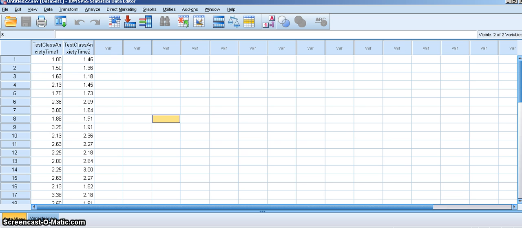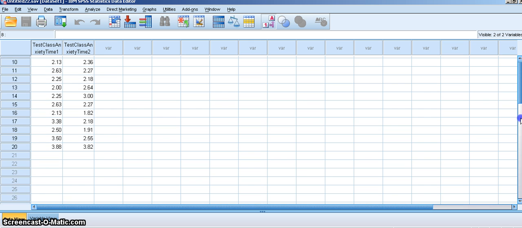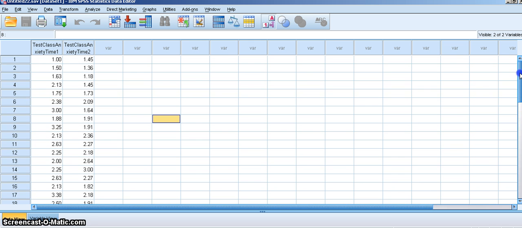For example, here we have the scores of 20 students. In time 1, we capture their test anxiety score maybe at the beginning of the semester. With instruction, maybe they took a test, which was their midterm. We tried to capture that later on and see how that anxiety changed during time 2.